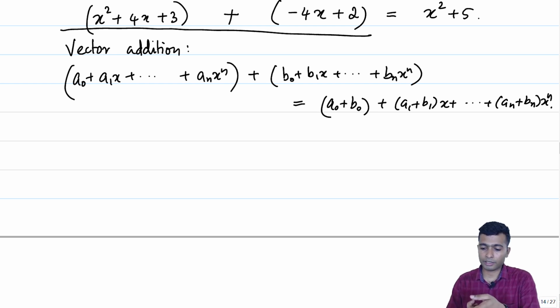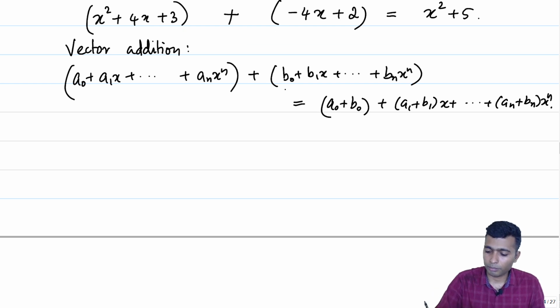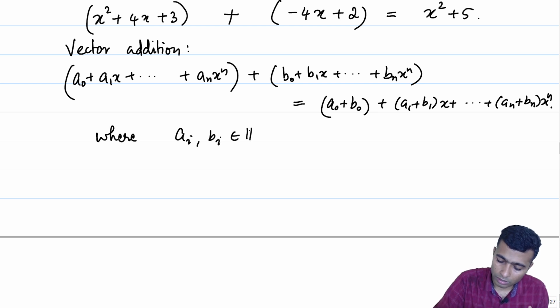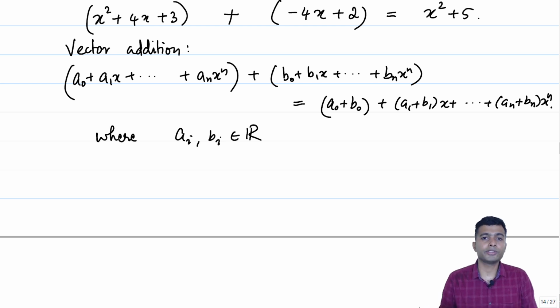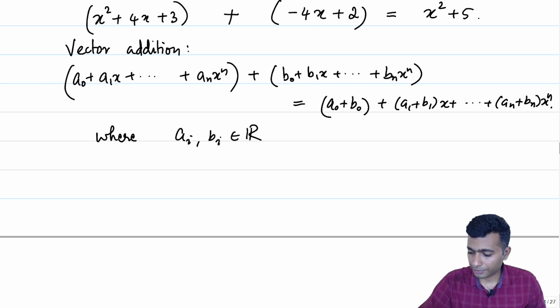The polynomial on the right, minus 4x plus 2, does not have degree 2, right, that is a degree 1 polynomial, but that is okay because we have allowed the ai and bj to all be in the field of scalars, right. So, in particular the ais could be 0, all ais could be 0, a few ais could be 0, an could be 0 and so on, and still we can talk about the sum here.